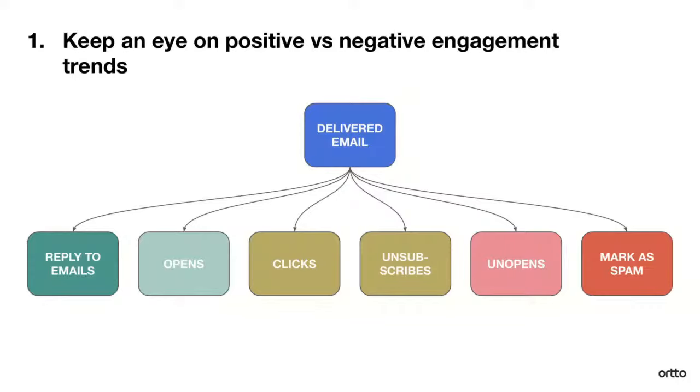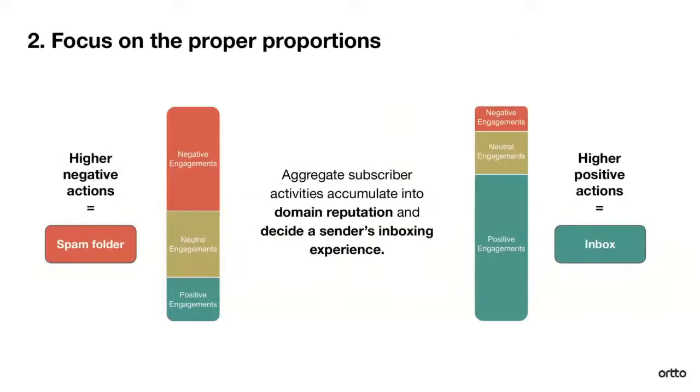So paying attention to the opens versus unopens, and looking for those trends, is really important, especially when we're talking about the proportions. You really want to have strong proportions, because if you have a lot more negative engagements, which those unopens count for, on a regular basis, then you're going to be seeing the spam folder experience constantly.